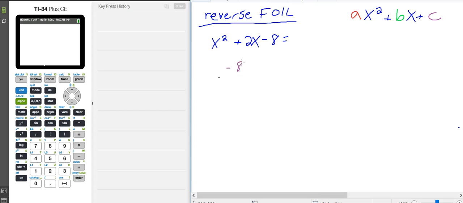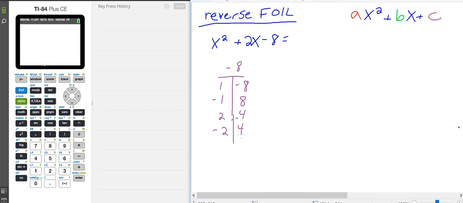We want factors of -8 that add up to b, which is +2. So we have factors of -8 are 1 and -8, -1 and +8, 2 and -4, -2 and +4, and that's it. Which one of these add up to +2?